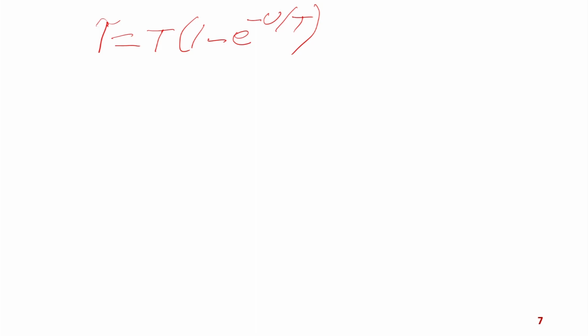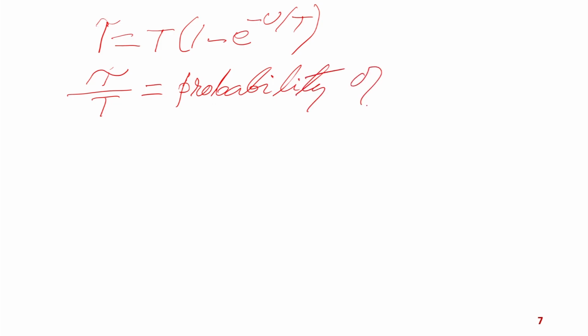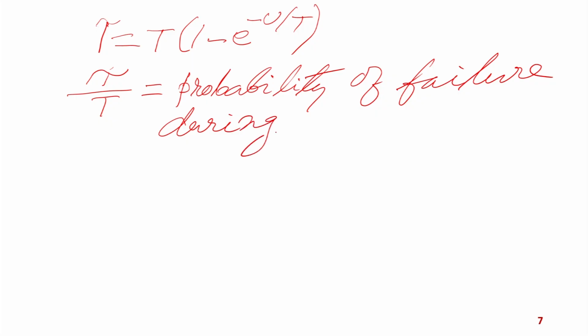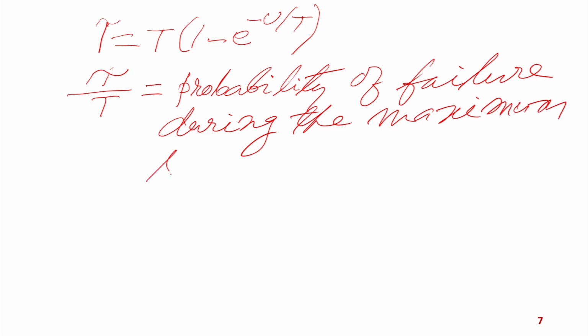Now, this tau by t is called the probability of failure during the maximum satellite lifetime.